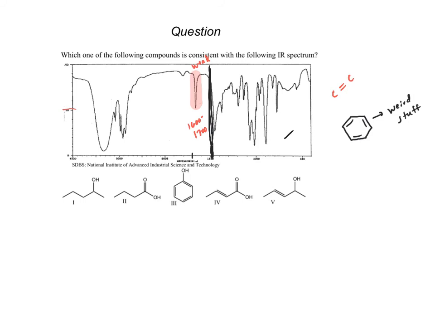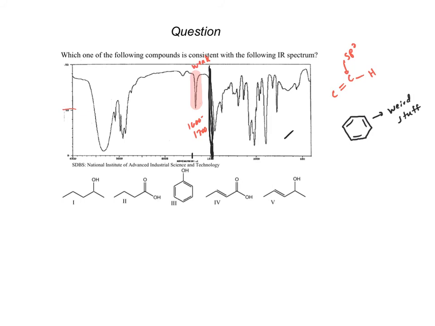So that's number one. How else could we find this carbon-carbon double bond? What other big indicator would tell us that? What hybridization state is this carbon using? This is sp2, right? So what other big indicator would tell us there is an sp2 hybridized carbon?